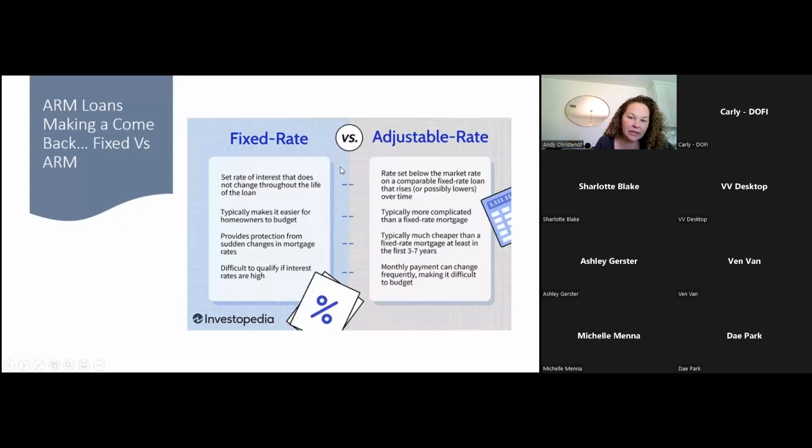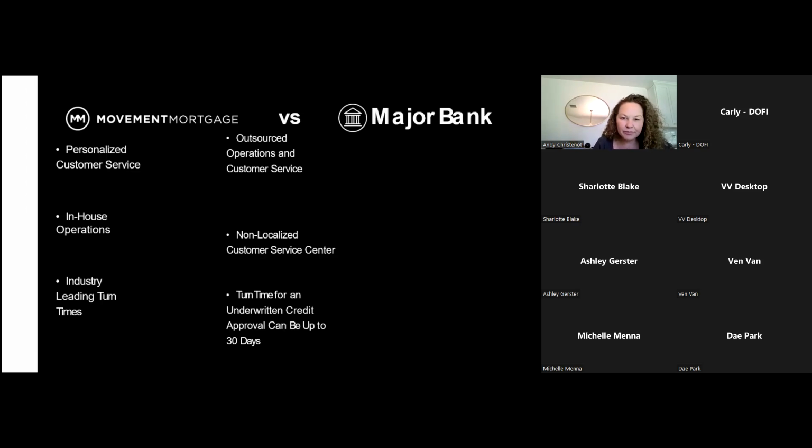Major banks, it's potentially outsourced operations. If your client goes into B of A next to the office, on Larchmont, the underwriter is not sitting there with the loan officer. Likely the operations staff is not on location.